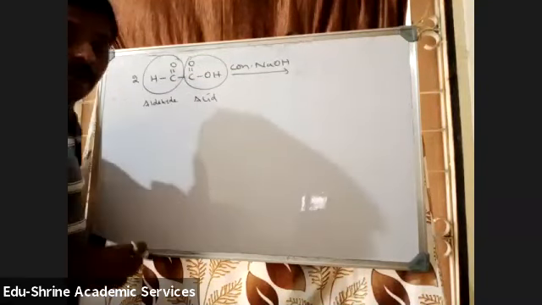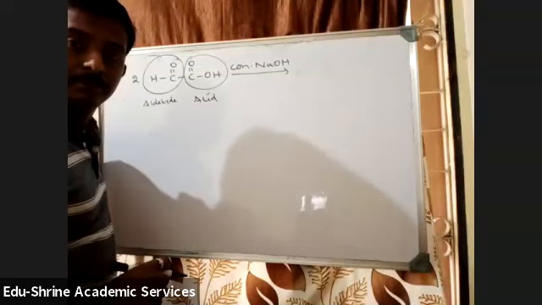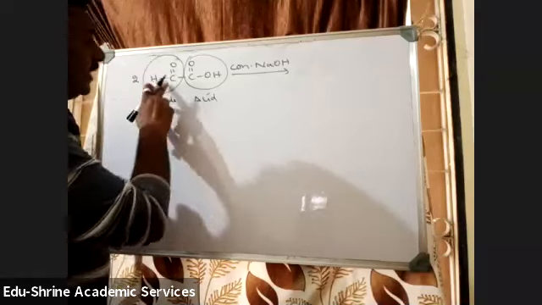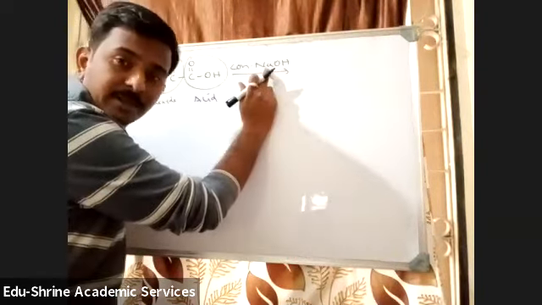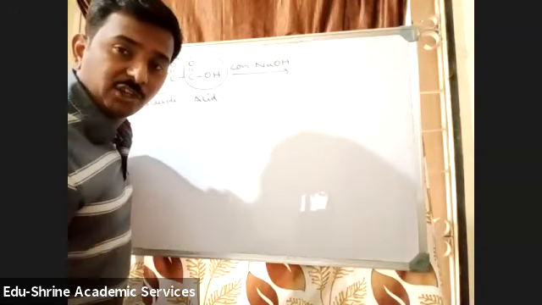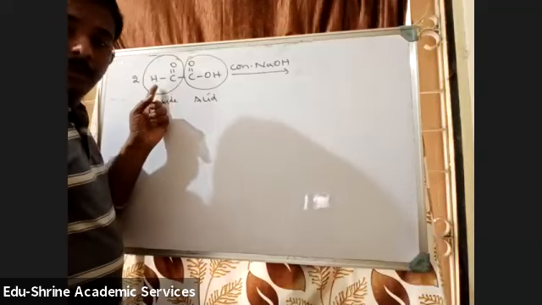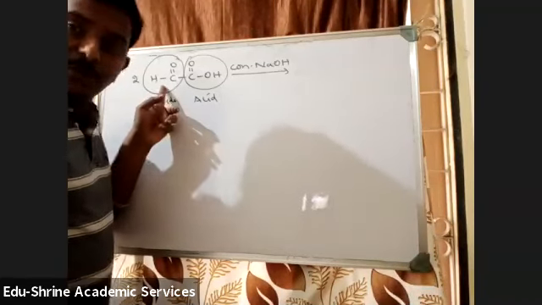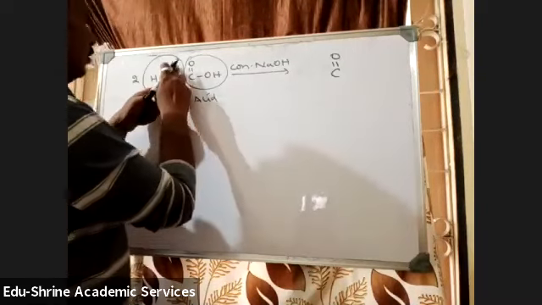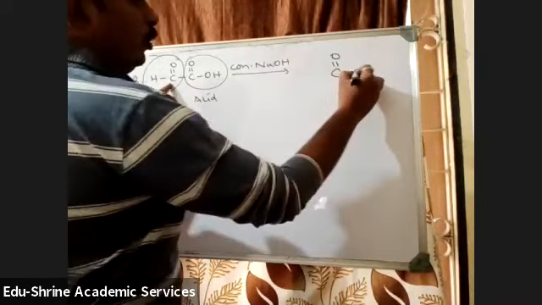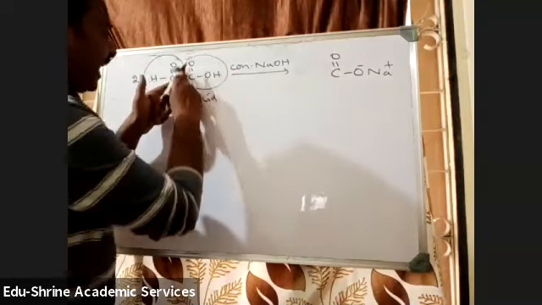Does this aldehyde contain alpha hydrogens? No. Whenever the aldehyde does not contain alpha hydrogens, in the presence of a concentrated alkali, it must be a Cannizzaro reaction. So one must be the oxidized product and one must be the reduced product. What will the oxidized product be? The salt of the acid. So from this I'll write C double bond O minus Na plus. And what about this acid?